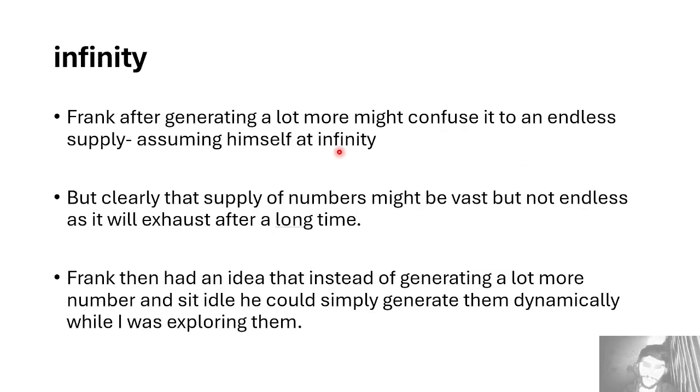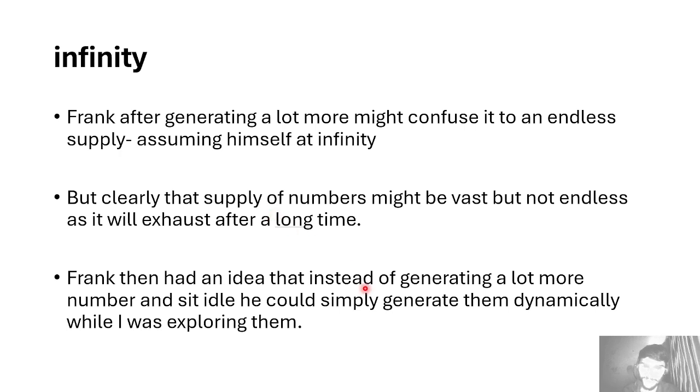So the problem that Frank is running into is not being able to generate an endless supply of numbers for me to explore. And clearly, after generating a very high amount of numbers, you may think he is at infinity, but he's not, right? And so here Frank comes up with an idea instead.